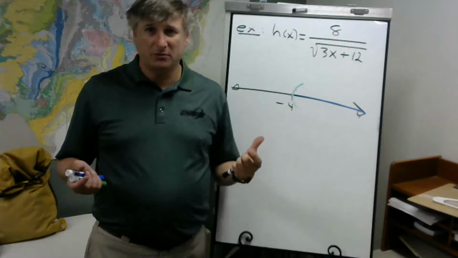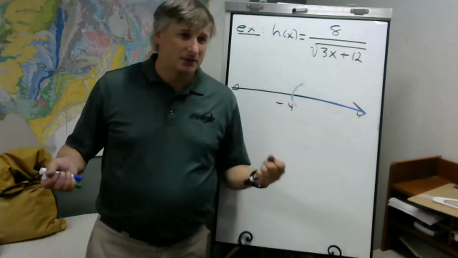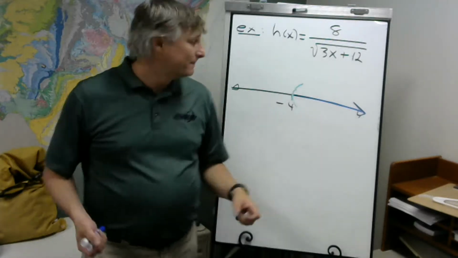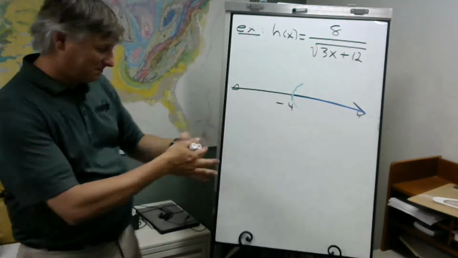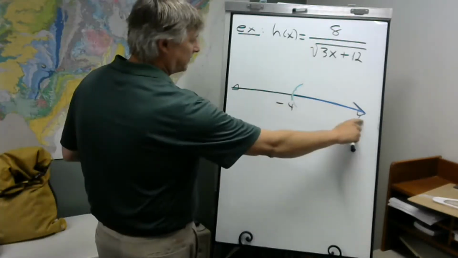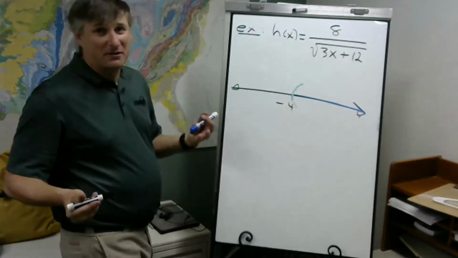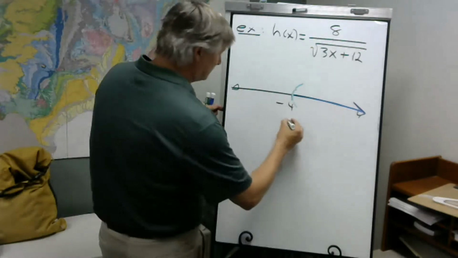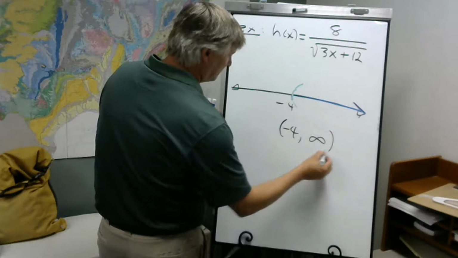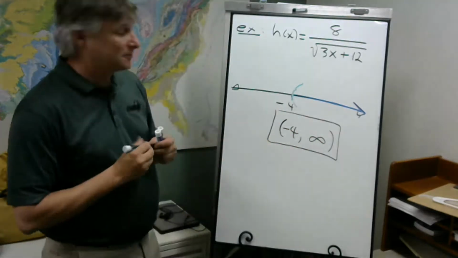If one restriction says you can keep negative 4, and another restriction says you can't, the winner is the one that says you can't. You can't keep negative 4. So we end up getting this. Greater than or equal to negative 4, but then we got to cancel out that equal to, you don't get negative 4. And that becomes our answer.